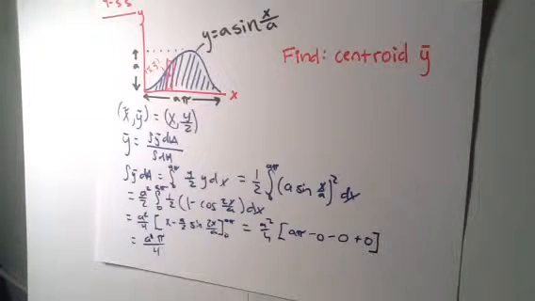So, since we have that the numerator is equal to a cubed pi over 4, now we just need to take a look at our denominator, which is the integral of dA.